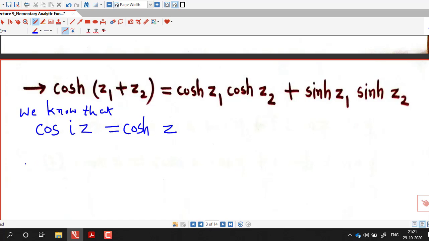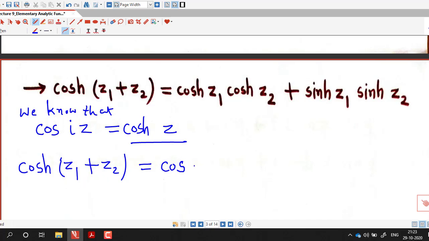Now we are interested in cos hyperbolic (z1 plus z2). So by this property, cos hyperbolic (z1 plus z2) can be written as cos i(z1 plus z2).